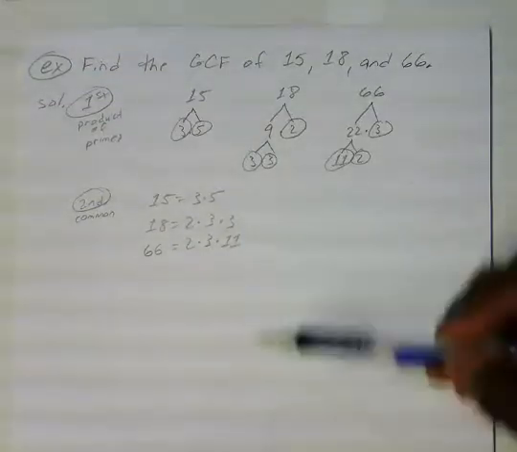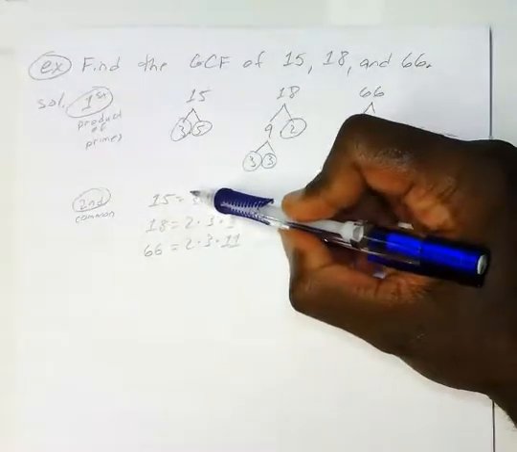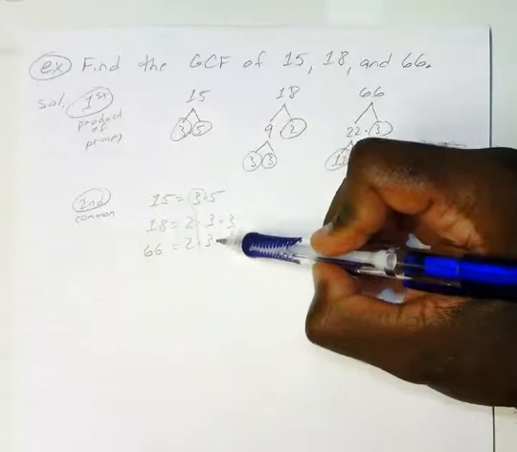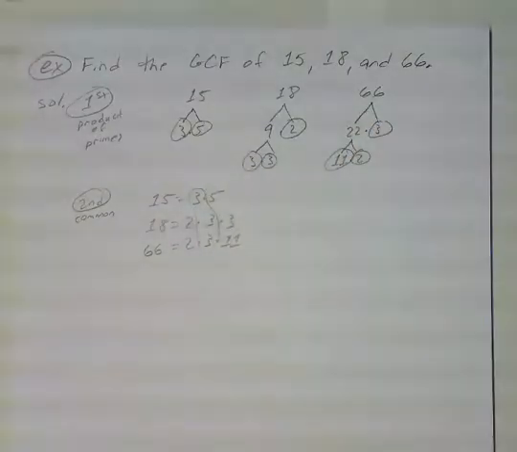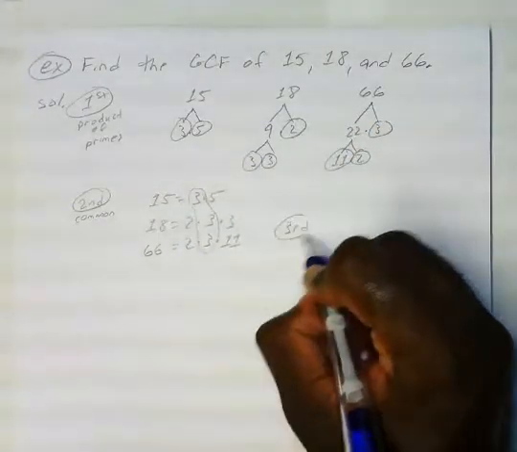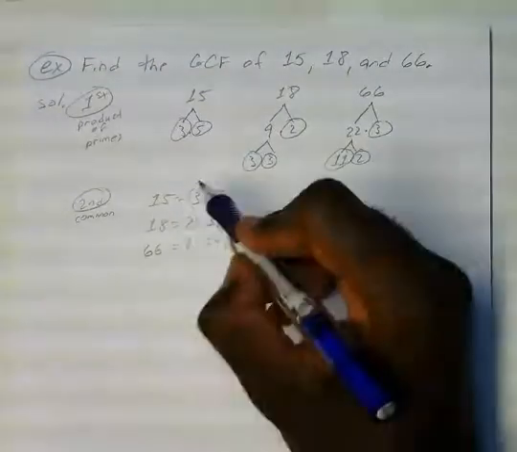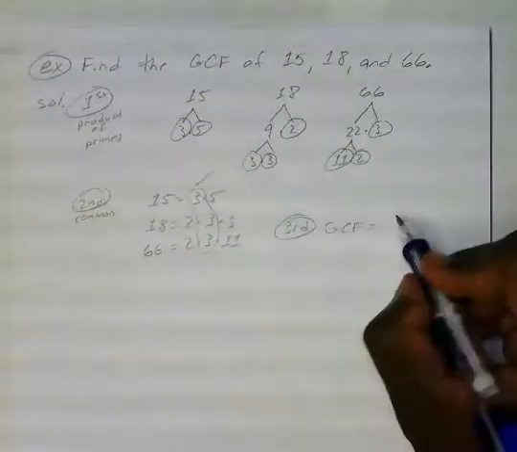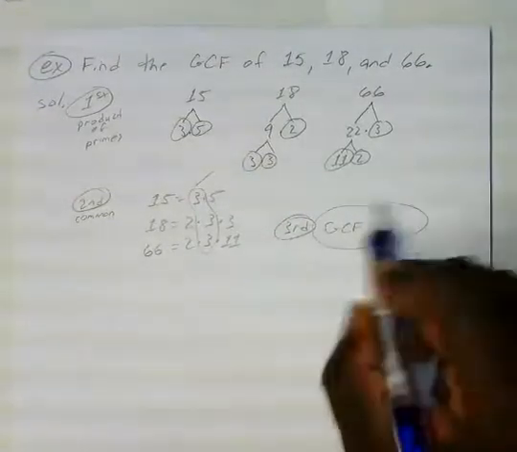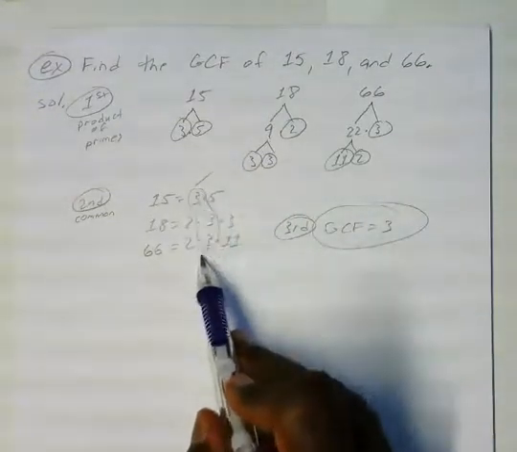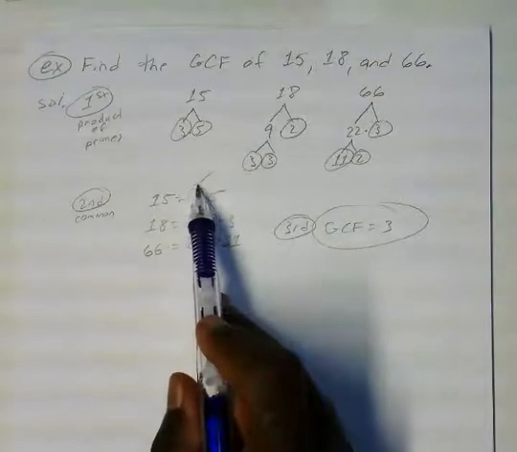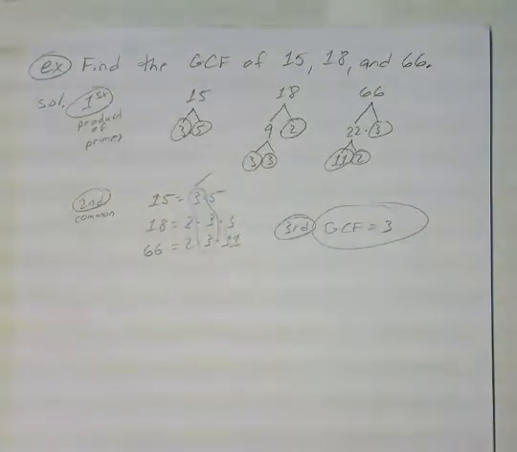If you look at all 3 of them, the only value that they have in common is 3. So your greatest common factor is equal to just 3. Remember, you don't multiply those together. We're just looking for the value that they have in common. So our greatest common factor is just 3.